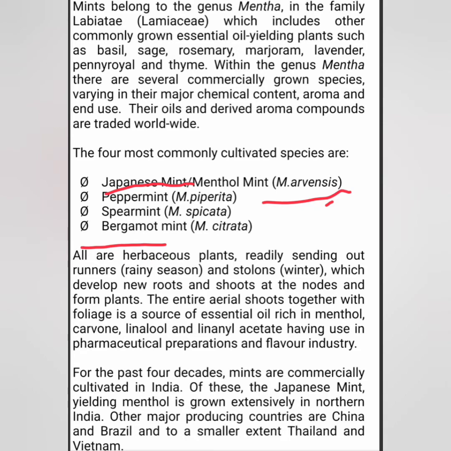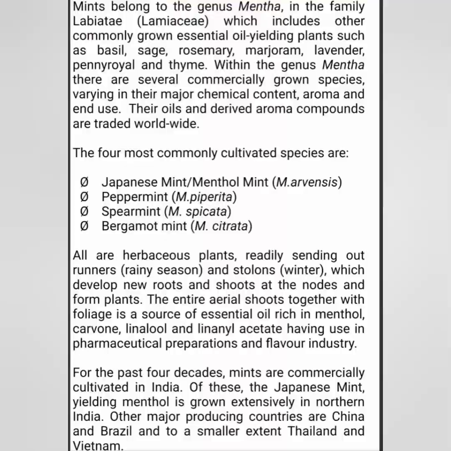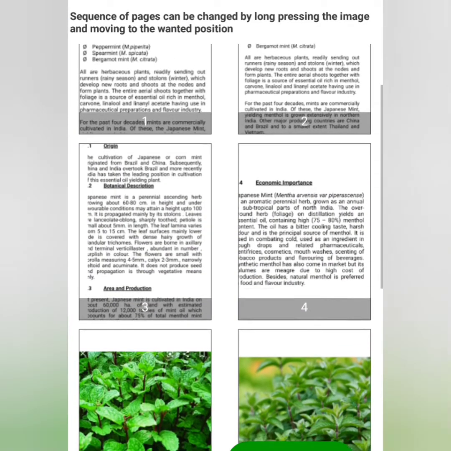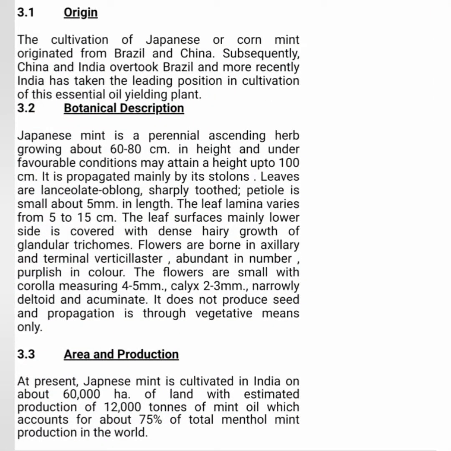Now, let us take a look at the botanical characteristics of this plant. You can see here the origin and cultivation of the Japanese or corn mint. It originated from two countries, Brazil and China.